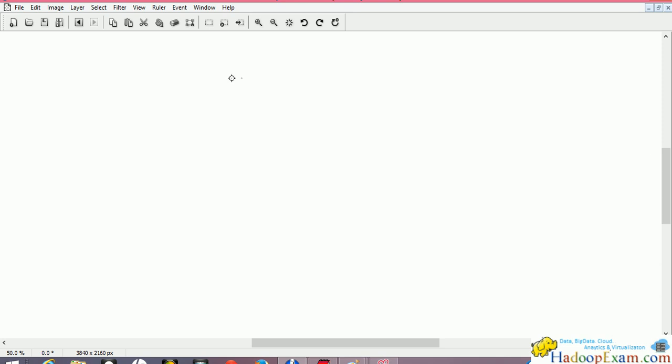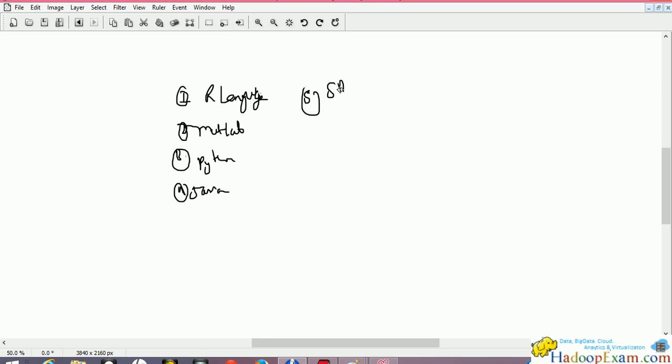The infrastructure is there, but there are various languages, like the R language, which is very popular in machine learning. Similarly, MATLAB, and Python is another programming language. Obviously, Java would help. Then there are other languages, the SAS platform.